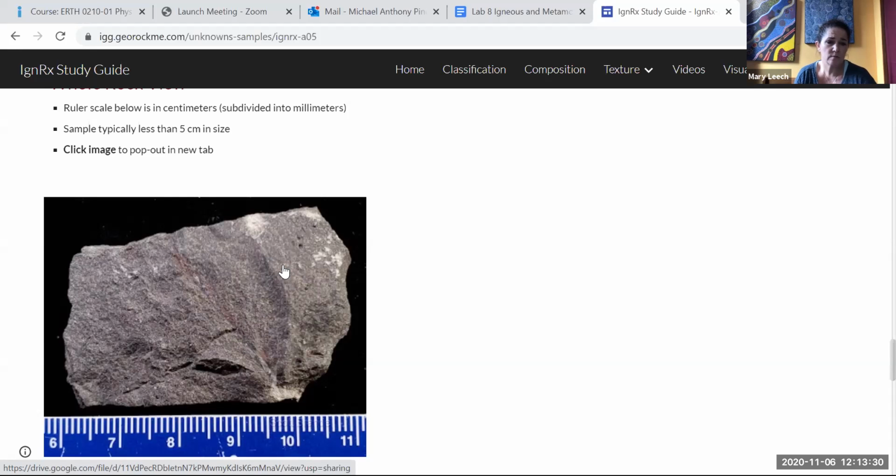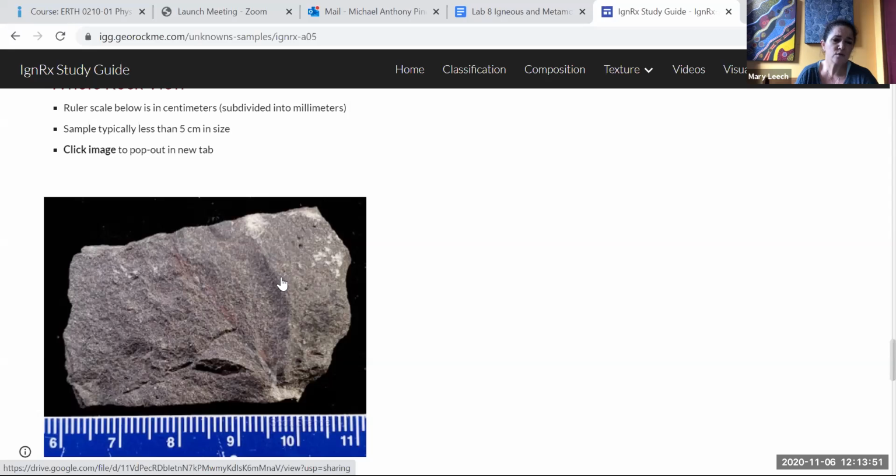Are they large? Can you see any individual minerals there? No, I can't actually. So they're small. They're very small.